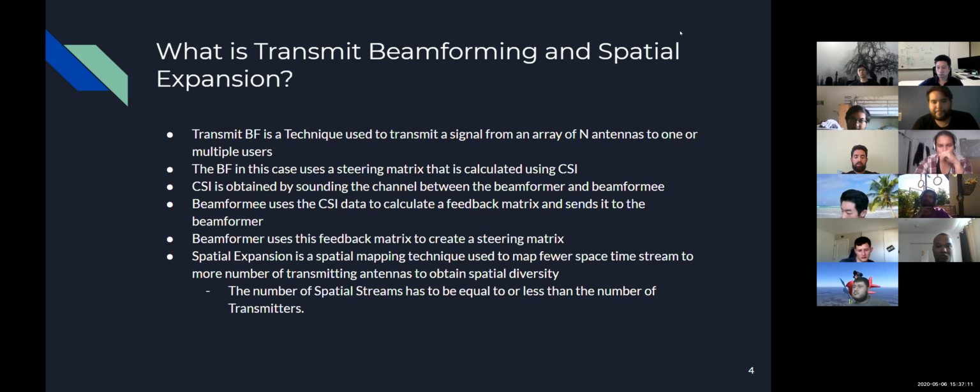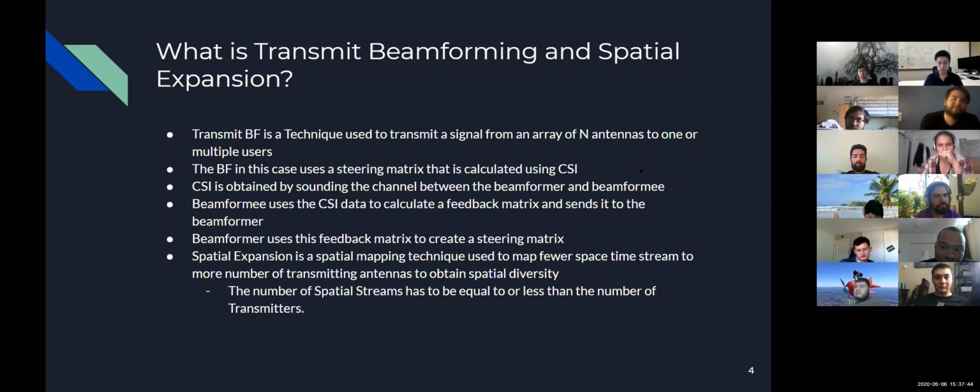Then the beamformee uses that data that the channel state gave it to calculate a feedback matrix, and it sends that feedback matrix to the beamformer, and the beamformer uses singular value decomposition to turn this feedback matrix into a steering matrix. After this steering matrix is created, it steers the beamformer towards the beamformee for better performance.